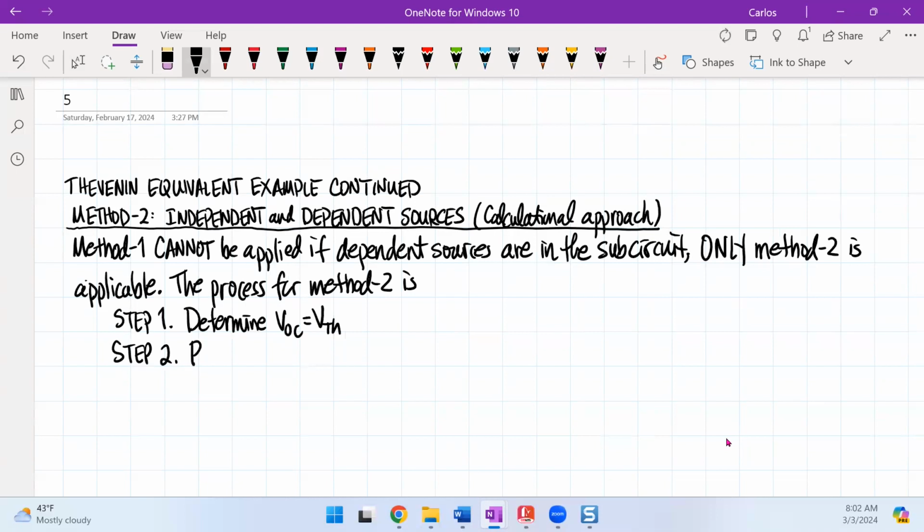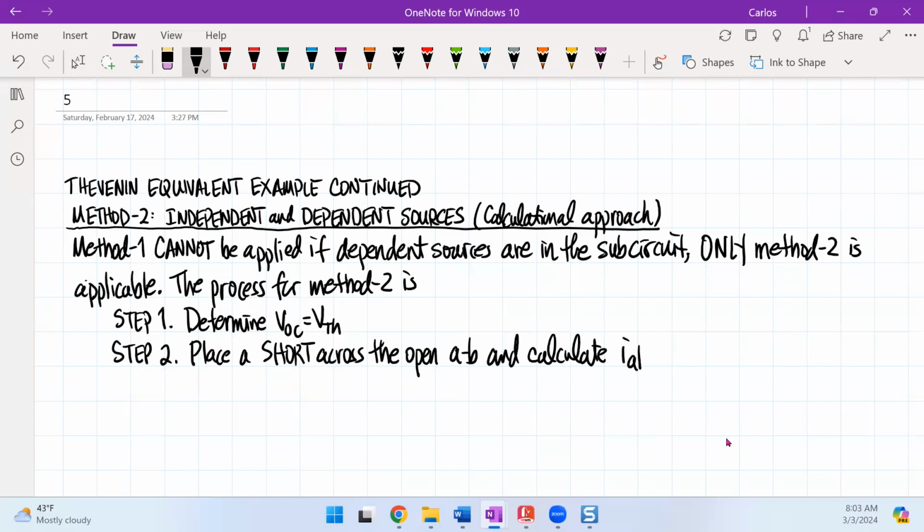You place a short across the open AB and calculate IAB, which is the same as I short circuit, which is the same as I Norton.